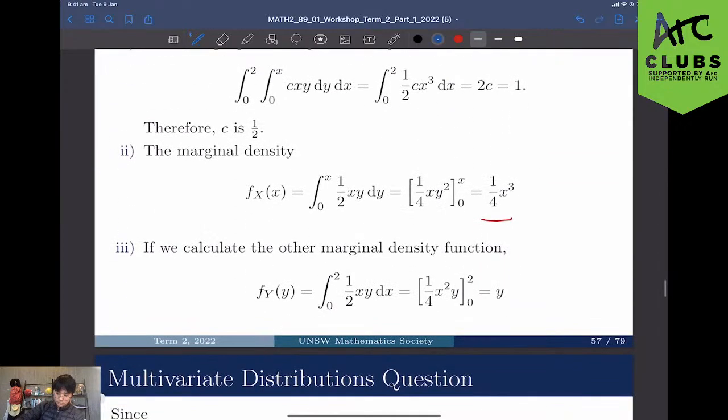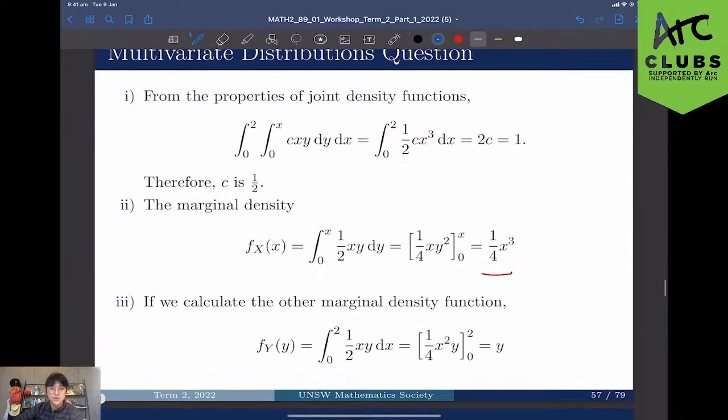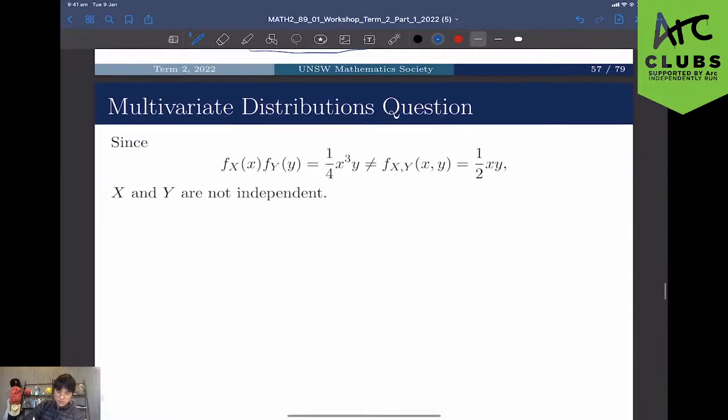So the first thing we need to do is calculate the other marginal density function. So we integrate with respect to x, and we know that x is between 2 and 0. When we do that, we find out that it's equal to y. So fx times fy is equal to a quarter x cubed times y.